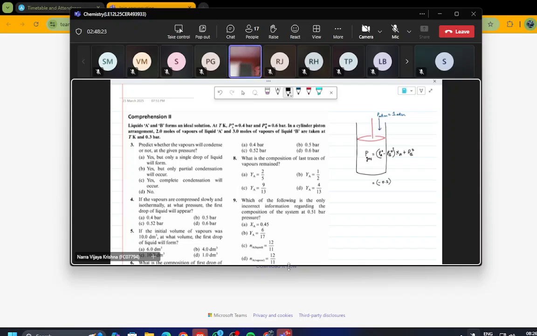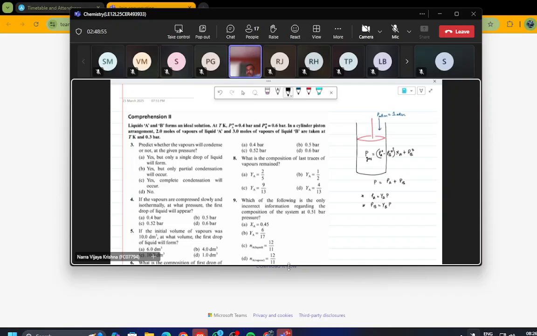They gave the YA value, right? Then how will you get it? Now can I write P equal to PA plus PB, where PA equal to YA into P, PB equal to YB into P?